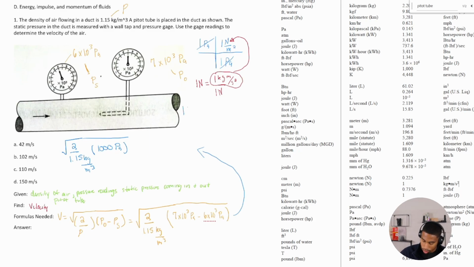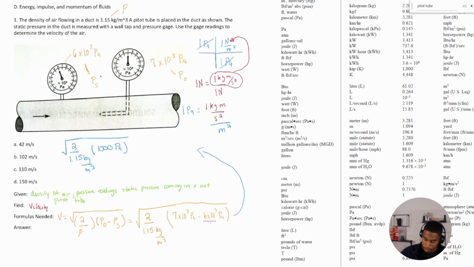So 1 Pa is equal to 1 kg times m over s squared. And then all of that over meters squared.